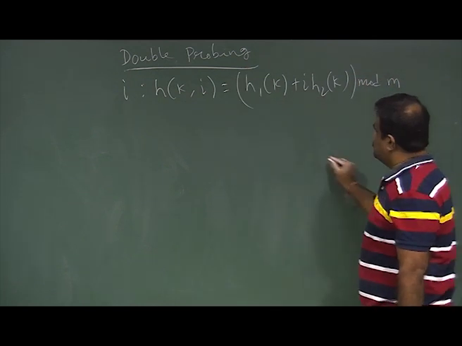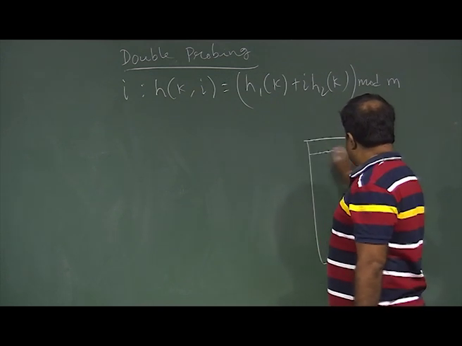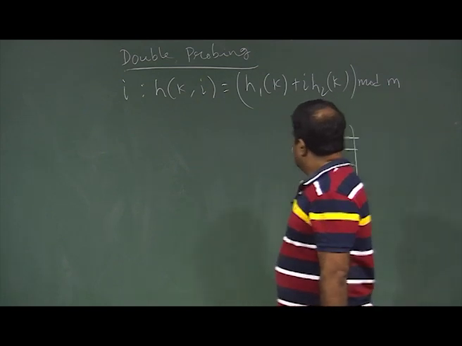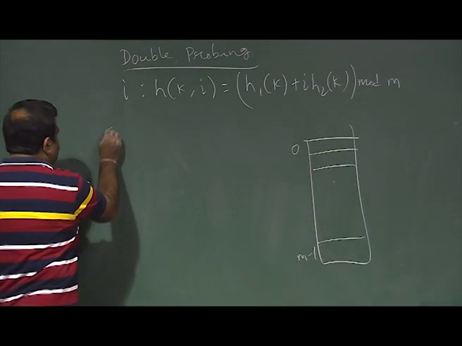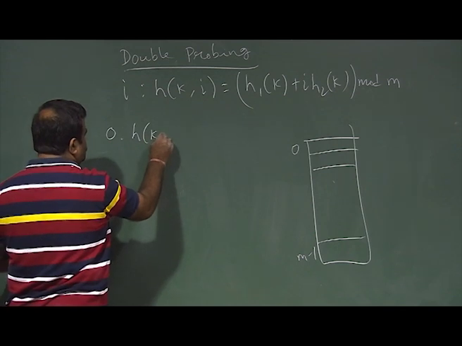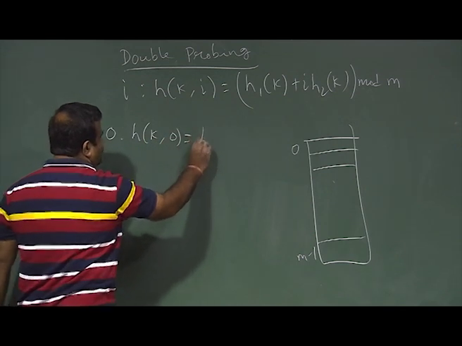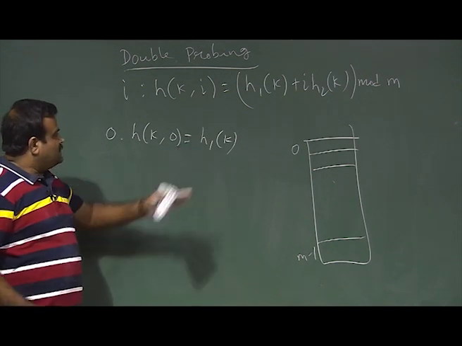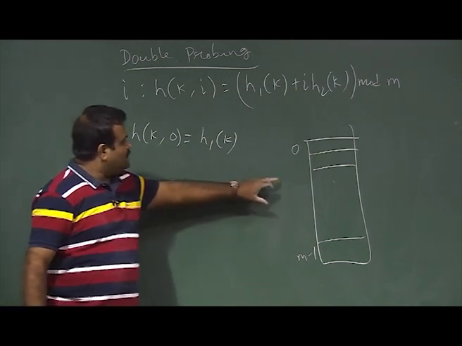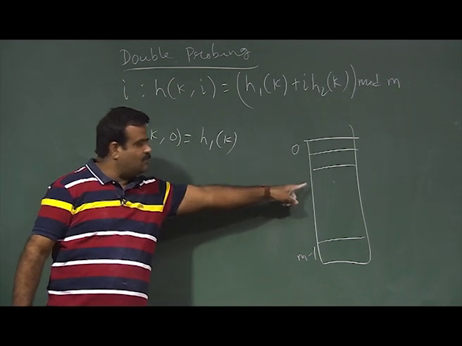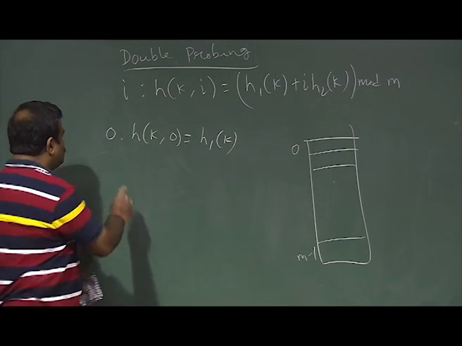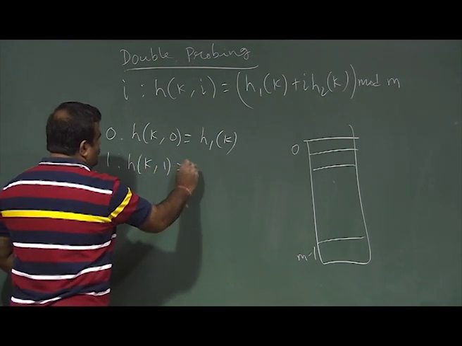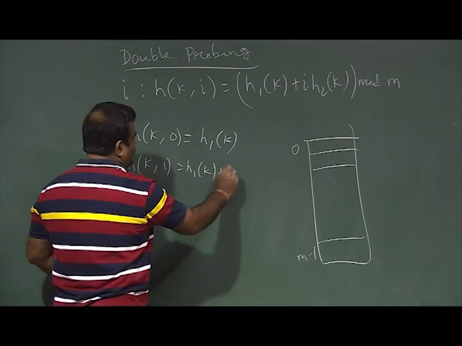Basically, this is our table. In the 0th probe, h of 0 is basically h1 of k. So, we apply the hash function. If it is hitting some occupied slot, then we go for the next probe, which is h1 of k plus h2 of k.